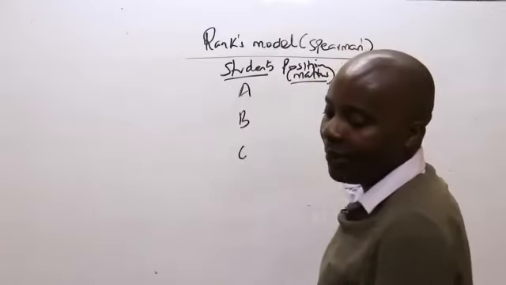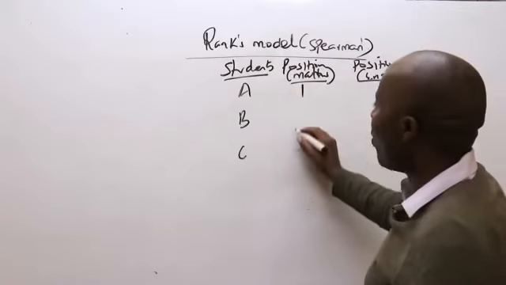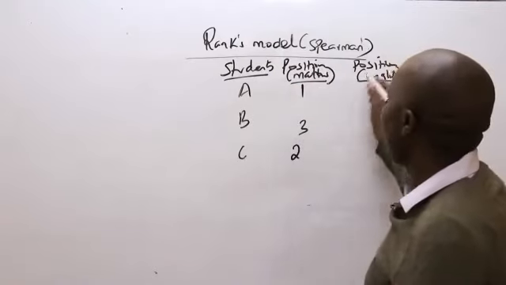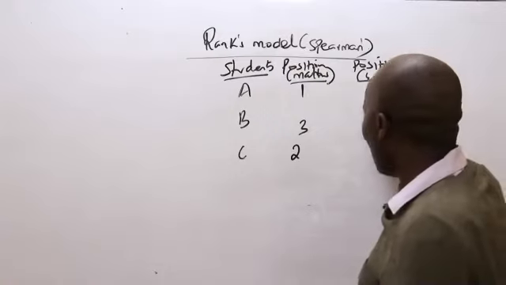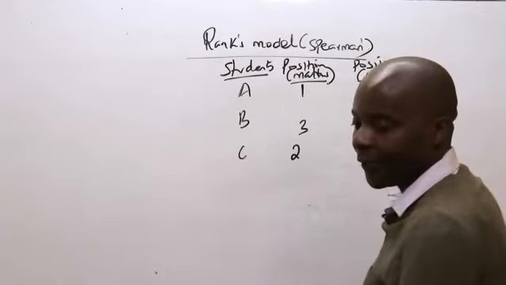Position basically means rank. So in mathematics, this student was number 1, number 2, number 3. In English, this student was still number 1, B became number 2, C became number 3, like that.